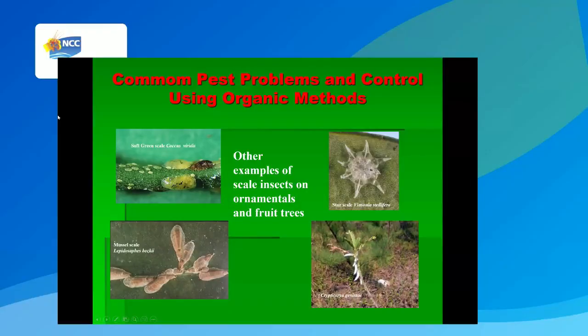Mussel scale, you will see a lot of on hibiscus at times. And the bottom right hand shows another one that is quite distinct. It sticks off like a horn from the stem of the plant, and it's called Crypticeria.